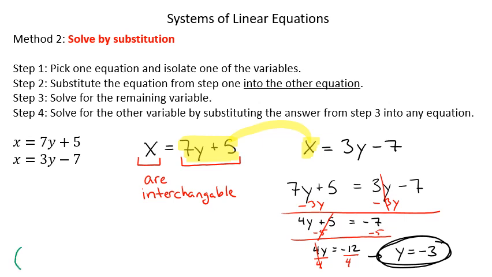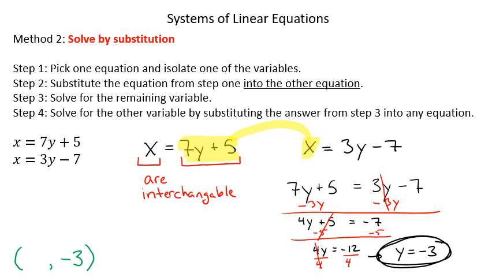So our answer, let me put it down here in the bottom left-hand corner. Our answer is going to be something, comma, negative 3. Remember, our answer has got to have an x and a y. It's a point, x comma y. So we just found the y. It doesn't matter which one you find first.